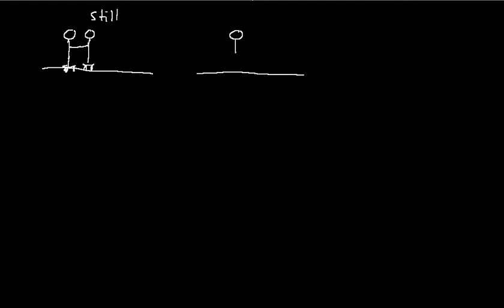One person here on skates and another person here on skates, and they're at rest. That's your before, and then after, they're going to push apart, and this one is going to go that way, and this person is going to go in this direction.